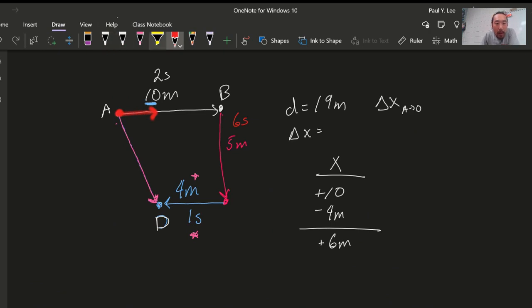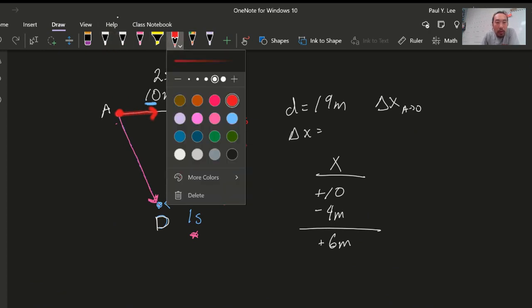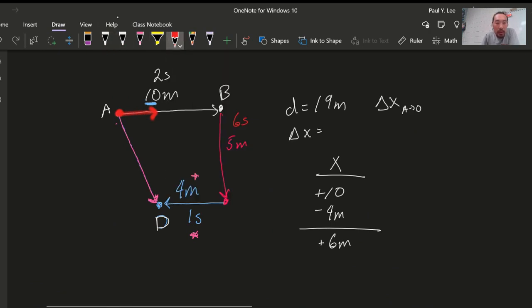And that amount is what we call just 6 meters right here. This would be 6 meters. The way that we figured that out is if we just went 10 meters to the right from A to B, and then 4 meters to the left, it's as if we just went from here to here, because that back and forth motion just kind of negates itself.